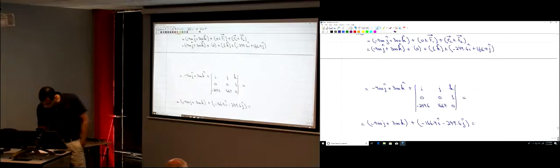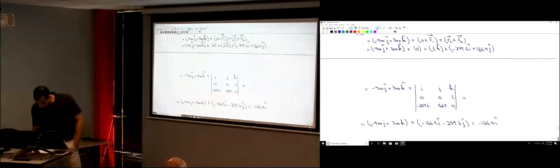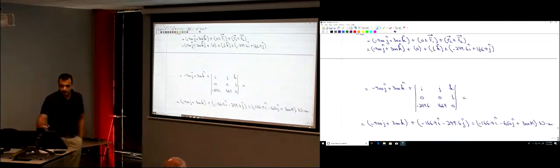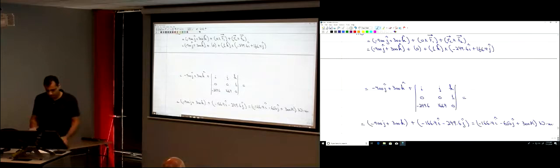So the summation is negative 166.4I, negative 650J, and 300K. That's the moment in Newton meters. Any question? Any question here?